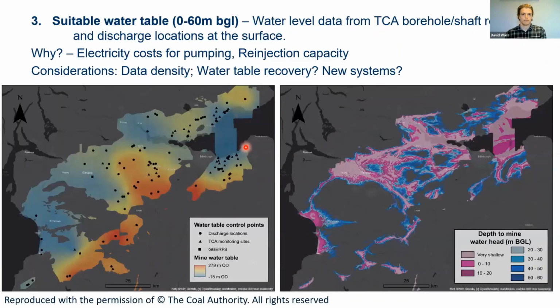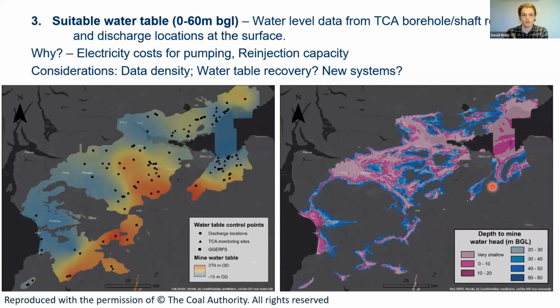Number 3. Is a suitable mine water table, and I've selected 0 to 60 meters. This has come from water level data from the Coal Authority's borehole or shaft monitoring points, but also those discharge locations which we identified. What we can do then is that map on the left is we can create a mine water level surface which spans the whole of the Midland Valley.